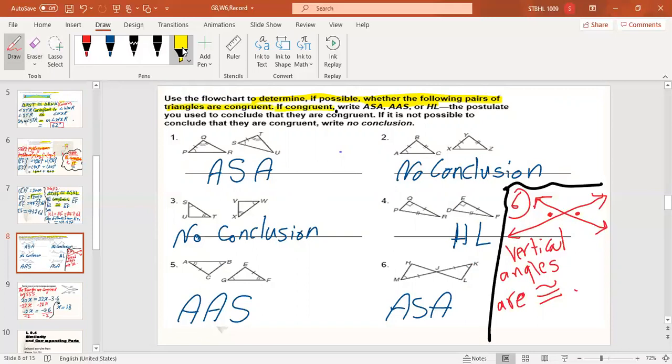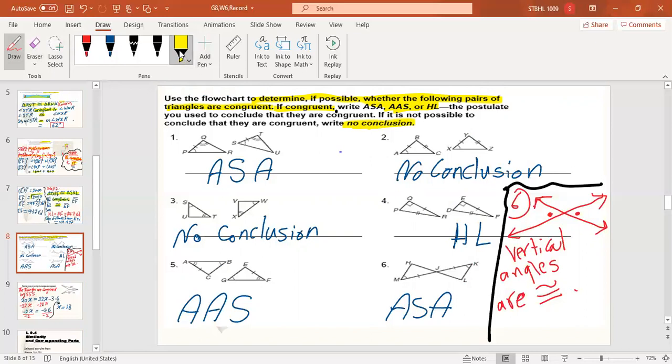If congruent, write ASA, which is angle side angle, or angle side angle, or hypotenuse leg, the postulate you use to conclude that they are congruent. If it is not possible to conclude that they are congruent, just write no conclusion.